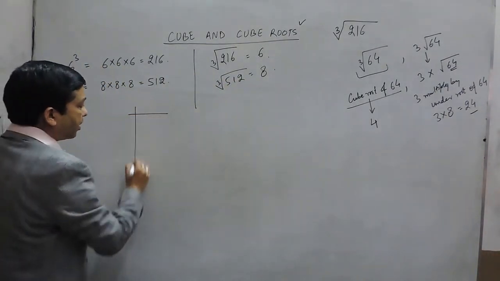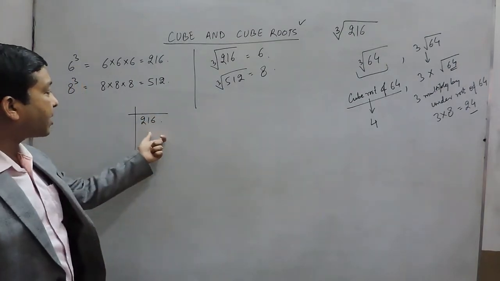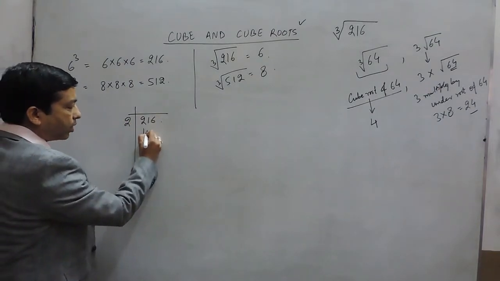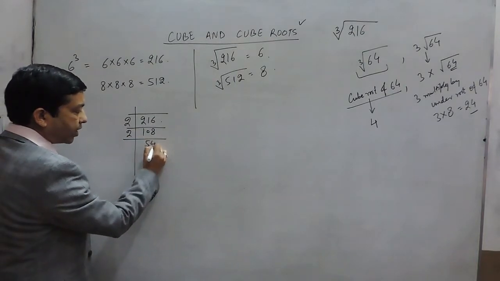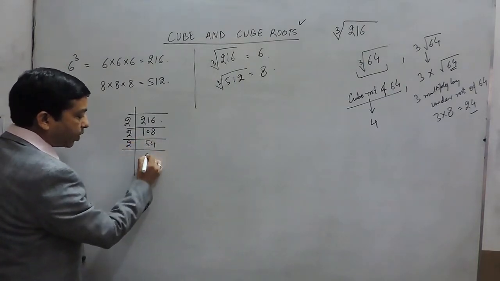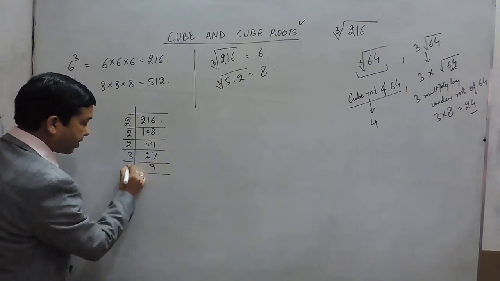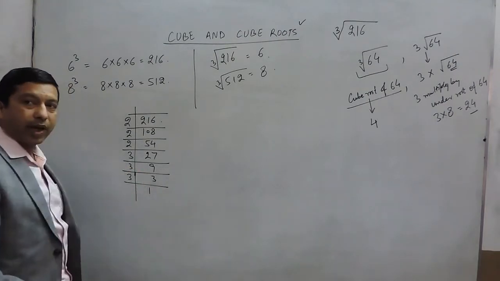Now the question arises, what is the method of calculating cube roots? When there is a number like 216, we can solve it by the method of factorization. I divide the number by 2, it comes out to be 108. Then again divide by 2, it is 54. Again divided by 2 comes out to be 27. Then divide by 3 is 9. Again divide by 3 is 3. And again divide by 3 is 1.